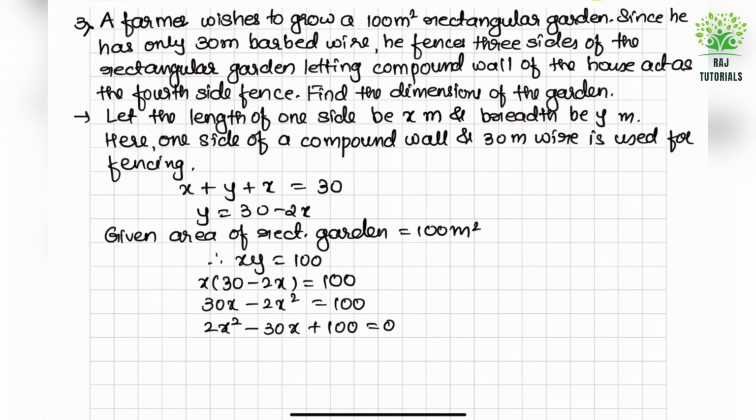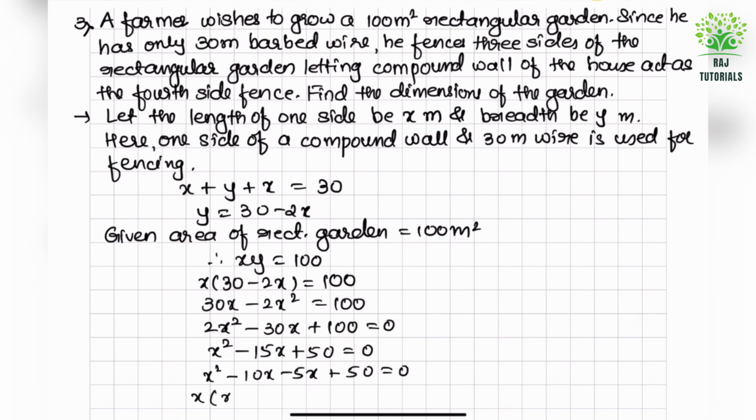Now dividing by 2. So x square minus 15x plus 50 equal to 0. So x square minus 10x minus 5x plus 50 equal to 0.